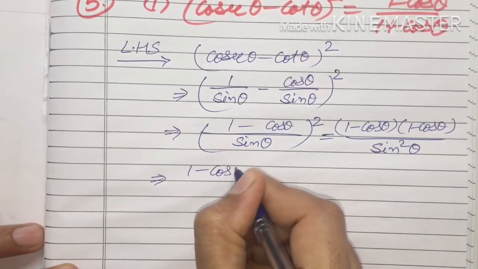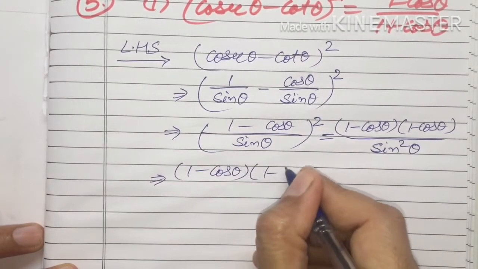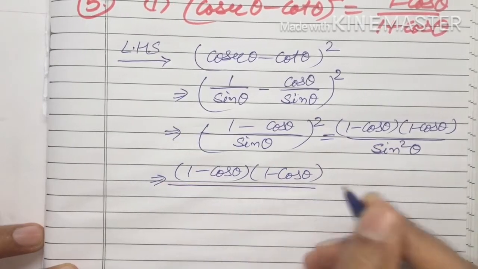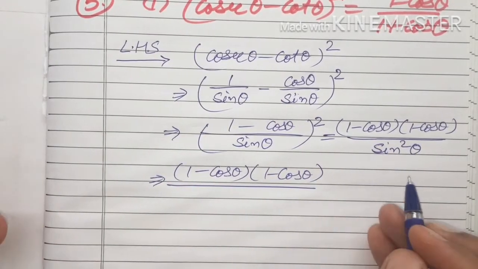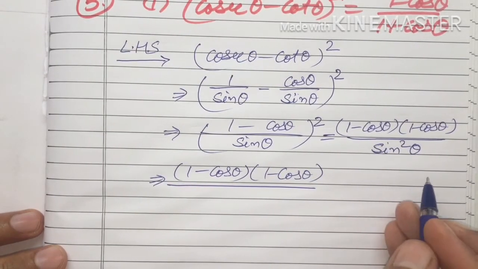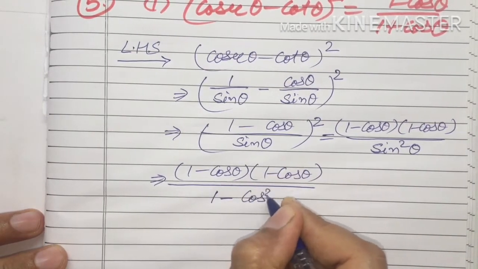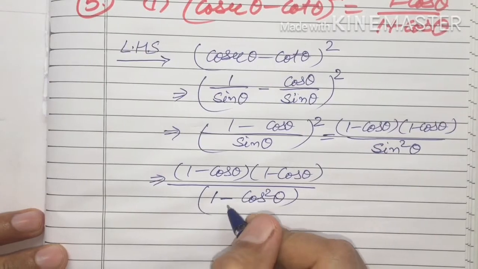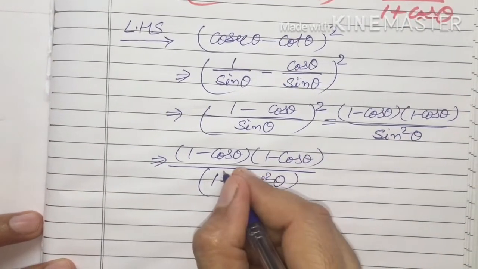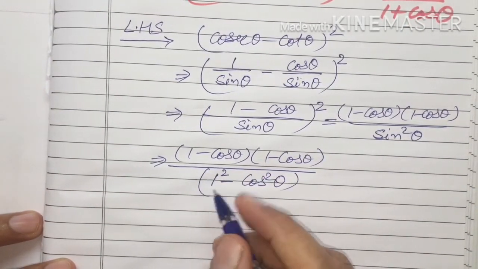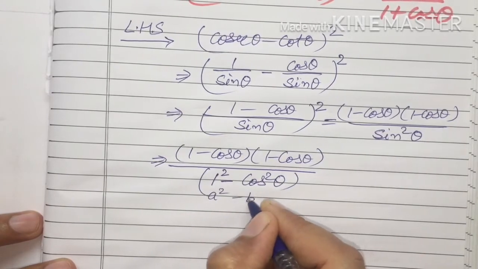So the numerator I will write down the same, and in the denominator, from the identity sine square theta plus cos square theta is equal to 1, the value of sine square theta I can write as 1 minus cos square theta. So 1 minus cos square theta means if I do the square of 1, it will be a square minus b square.